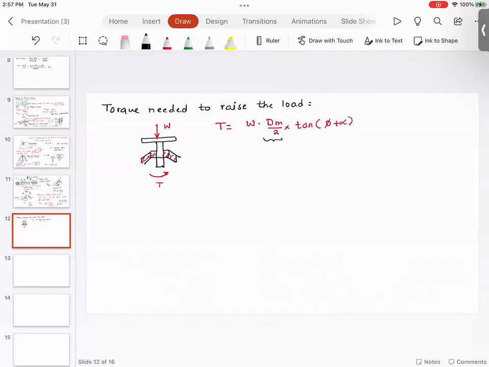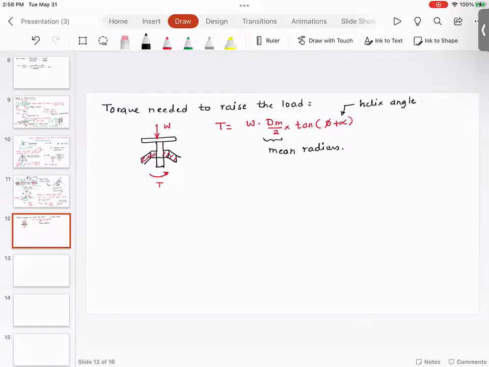So this is the mean radius, and W is the value of the load, and alpha is the helix angle, and phi is the friction angle. The next thing, if you want to find out what are the types of stresses that come on this assembly, I want you to think for a minute that this screw is in motion.